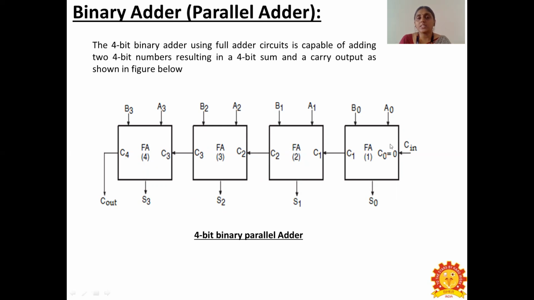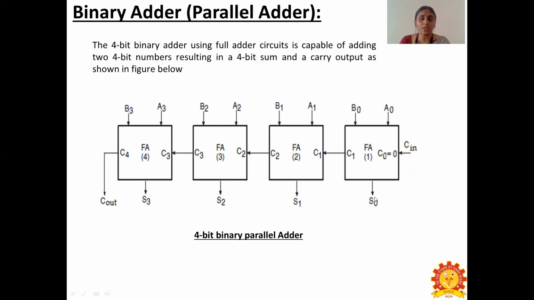Since it is the full adder circuit, it involves three input variables, where A0, B0 are two inputs, and we add the carry input as the third input value. The full adder circuit produces two output values.